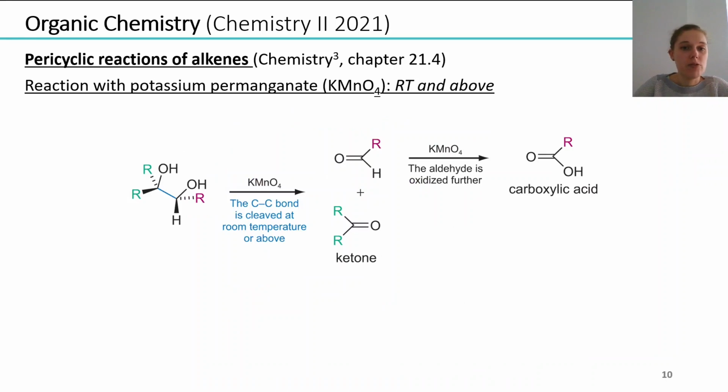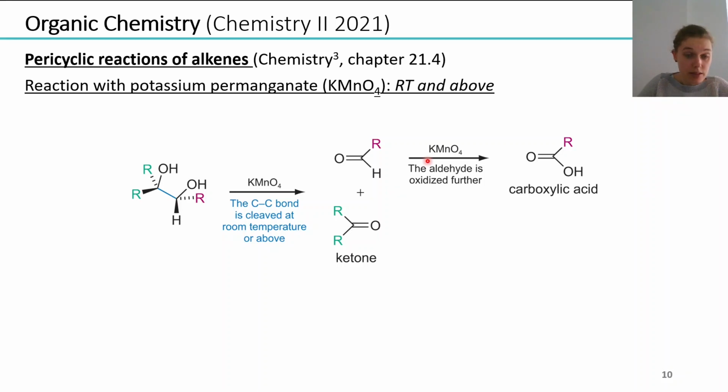And what happens now if we have higher temperatures, like room temperature or even above? You can see here that we start with our 1,2-diol, which then reacts with the very strong oxidizing agent, our potassium permanganate, and will end up with a ketone as well as an aldehyde, where the carbon-carbon bond of the diol is now cleaved.